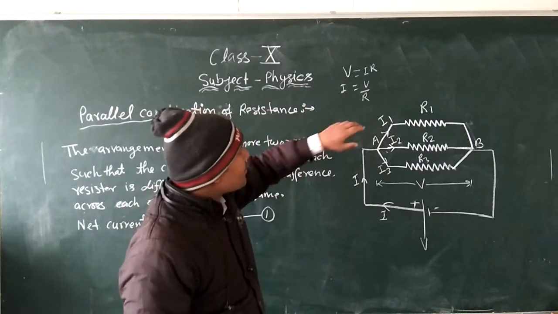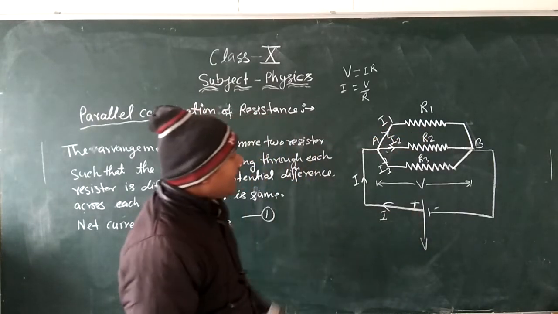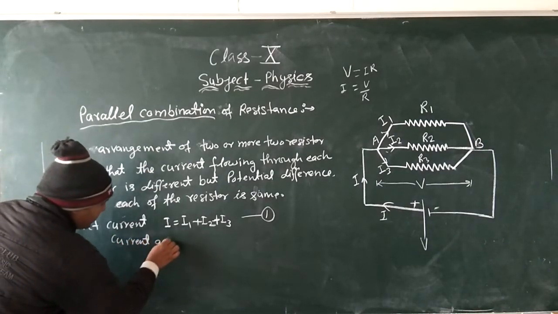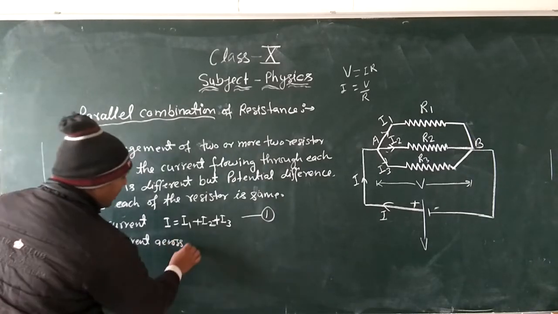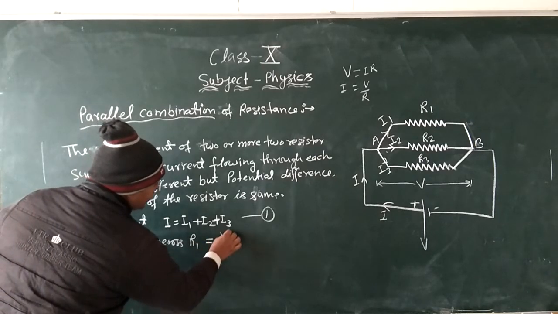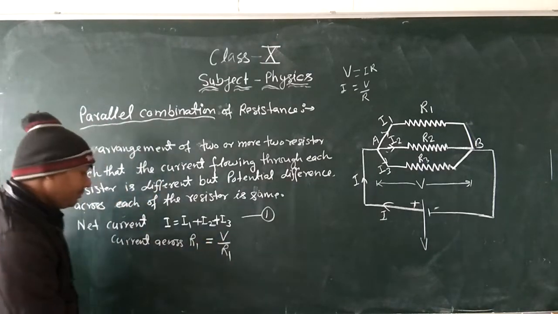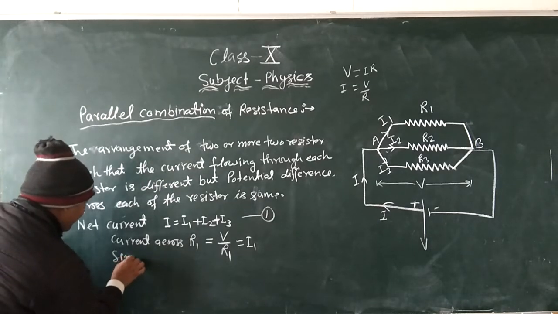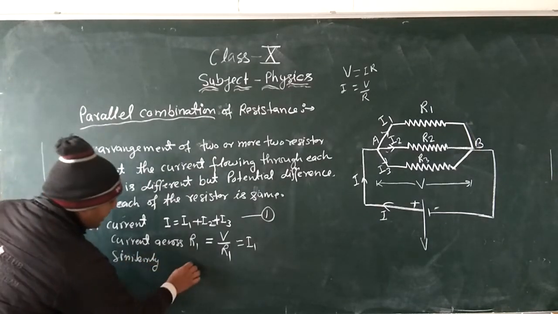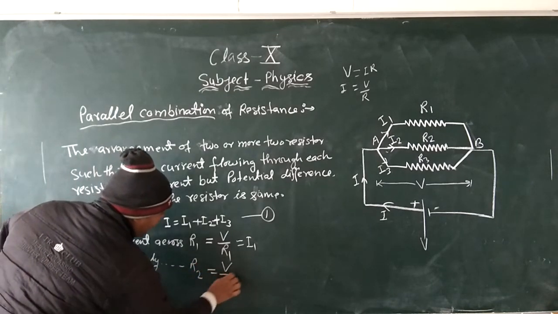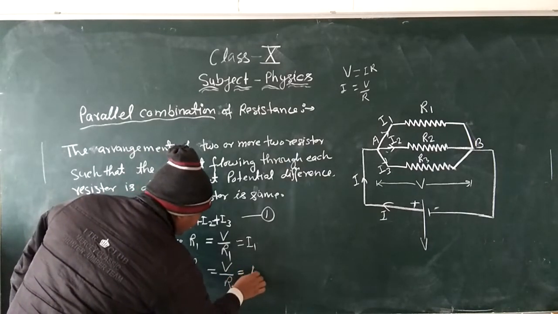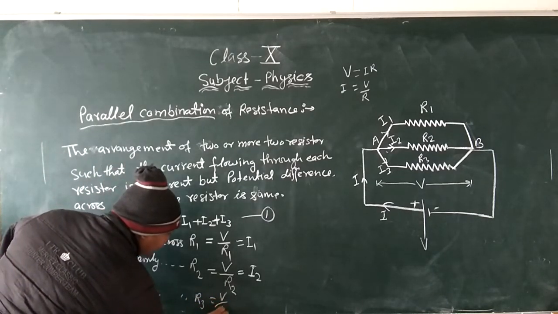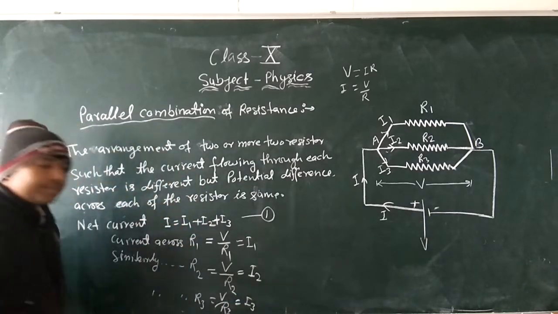Similarly, the current across R2 is V upon R2, which is I2, and across R3 is V upon R3, that means I3.